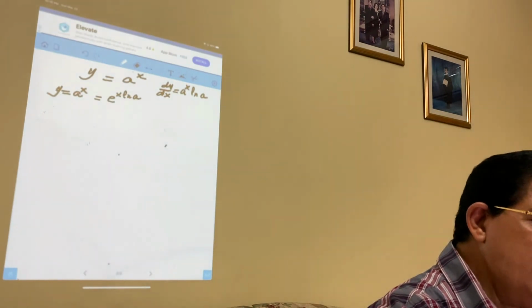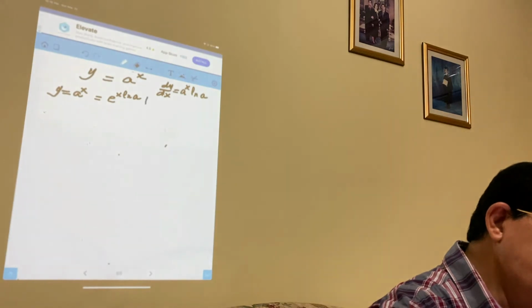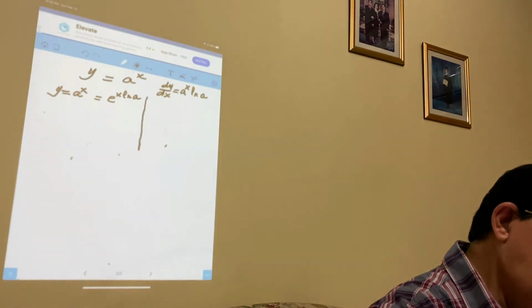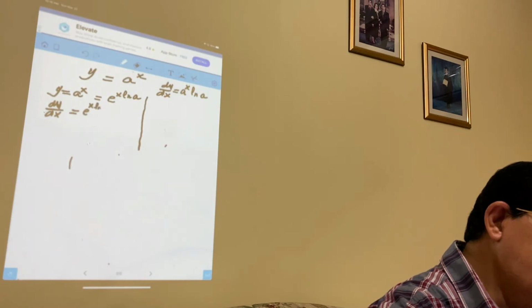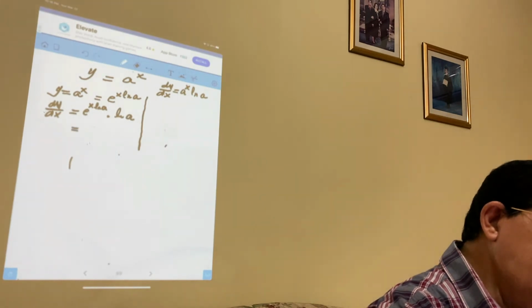And therefore dy by dx equal e power x ln a times differentiation of the power is ln a. And e to the power x ln a is a power x ln a.